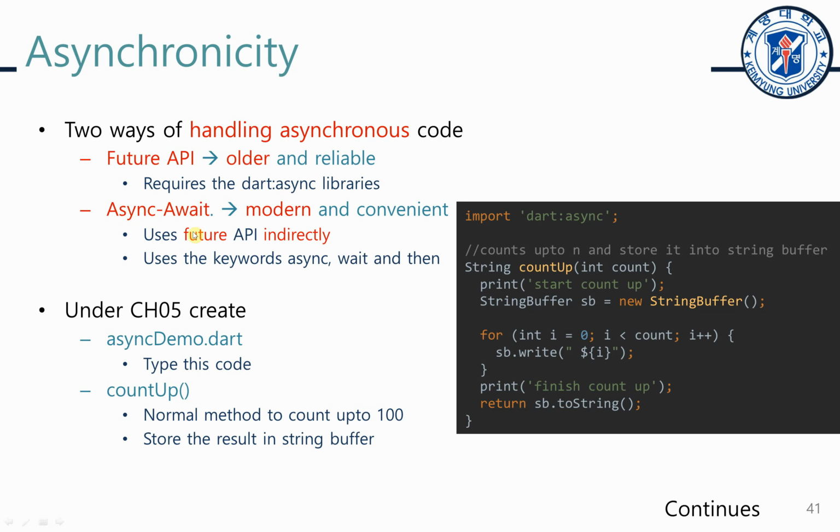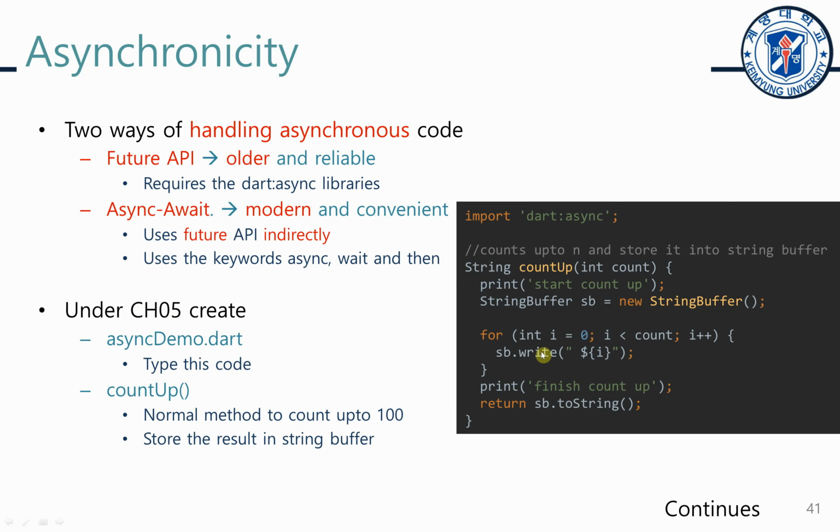However, this async await also uses the Future API indirectly, and it also uses the keywords async, await, and then. So this is how we would create our program and run it in an IDE.